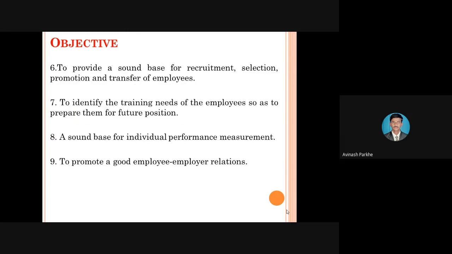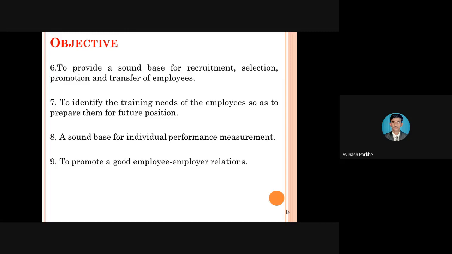Then the sixth objective is to provide a sound base for recruitment, selection, promotion, and transfer of the employee. This is again very important. That is recruitment. If I have to hire new workers in the industry, the job evaluation plays a very important role.